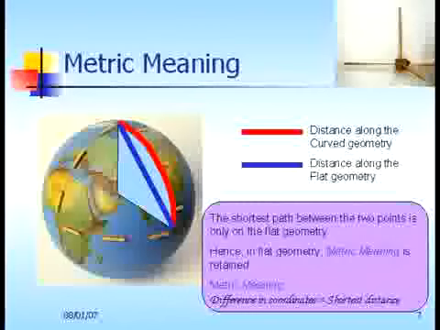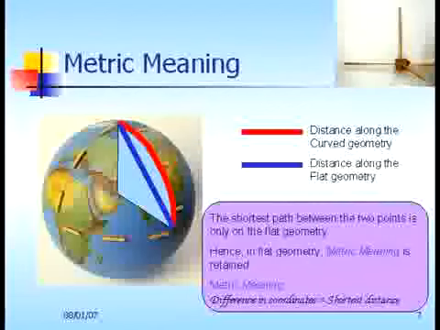Another important property is, in case of a flat geometry, the distance between 2 points is also the shortest distance between the two, also called the difference in coordinates, whereas the distance in a non-flat or curved geometry is much larger than the shortest distance.